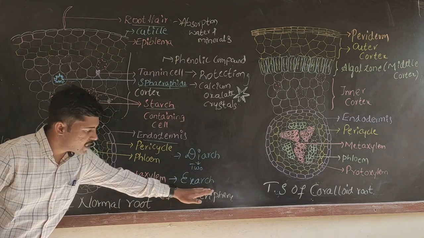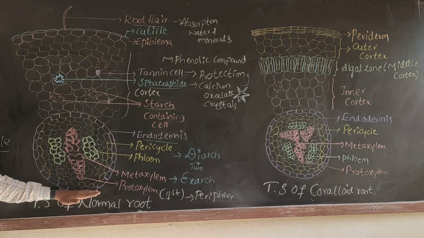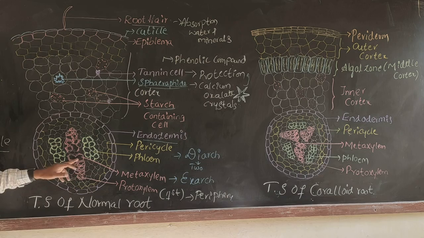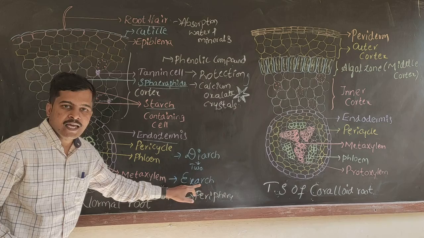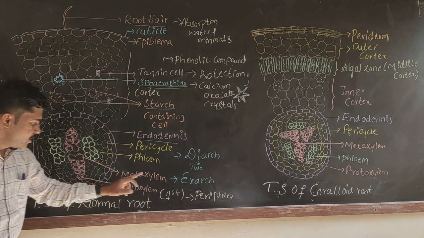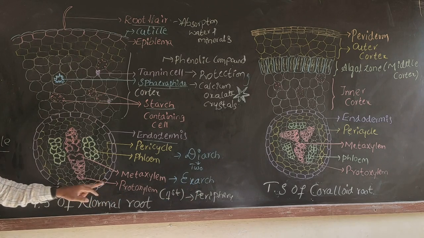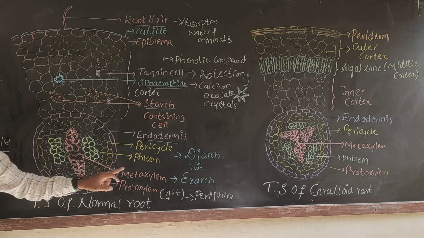In case of exarch condition, the protoxylem is present towards the periphery, or towards the pericycle, and the metaxylem is present towards the center. So this condition is known as exarch.